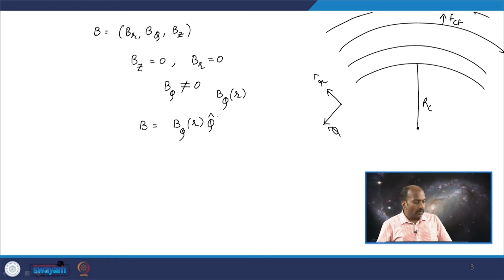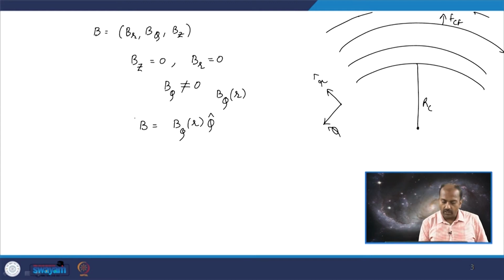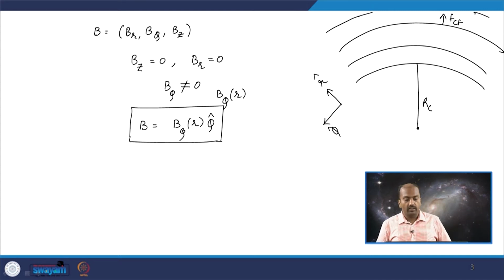Now, this is the type of magnetic field that we have taken. Is there a gradient? Of course, there is a gradient across the r direction. Is there a magnetic field? There is a magnetic field along the phi direction. With this type of magnetic field, we will try to combine these two cross products. Now, where is the z component? The z component is out of this page.